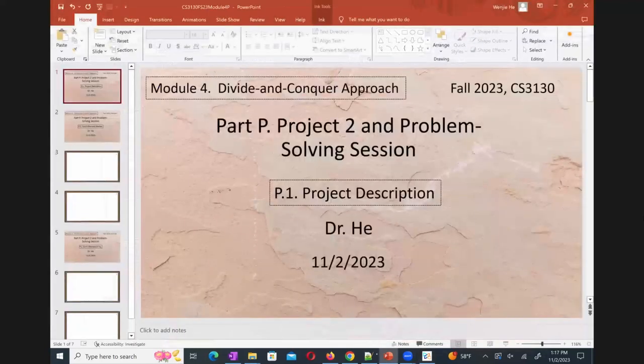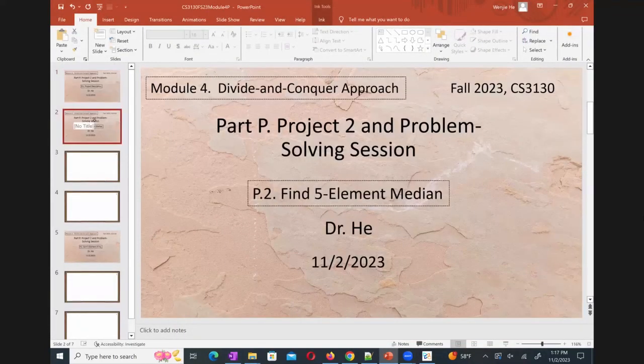Next topic. P.2, find the 5-element median. I mentioned it many times, but here I want to tell you the solution. Find the 5-element median in 6 comparisons. Let me show you how to do it.